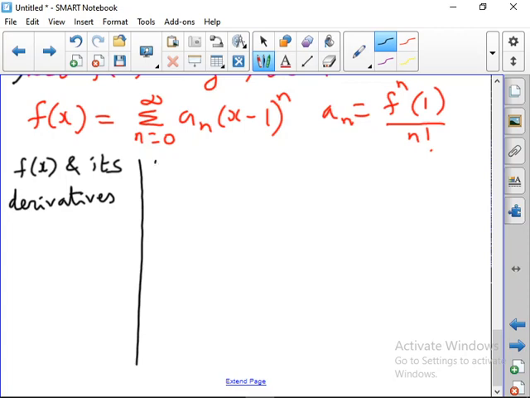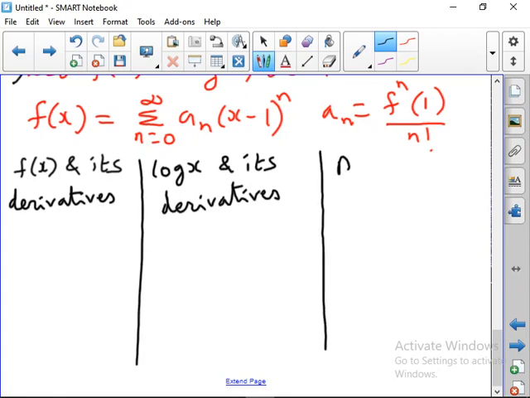Second column, log x and its derivatives. Okay, log x and its derivatives. And the next one is at x is equal to 1. Okay, about x is equal to 1.